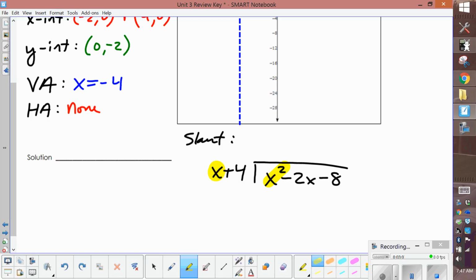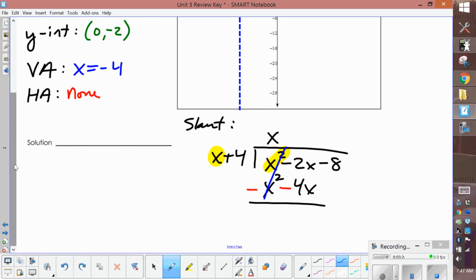We know we have to multiply by x, and it's a lot like distributing. I multiply x by x and x by 4. Down here I would get x squared and 4x. I put a line underneath it and change both signs because I'm subtracting that entire bottom row. Now I get negative 6x minus 8. Again, what do I need to multiply the leading variable by?